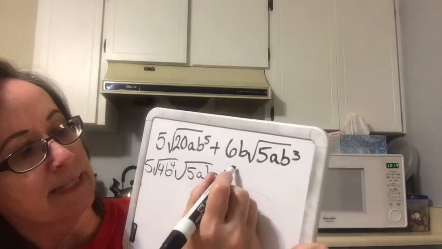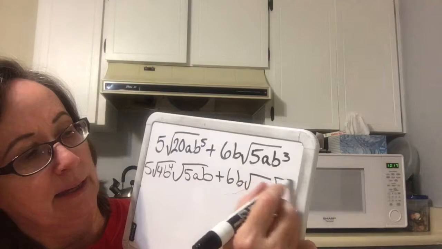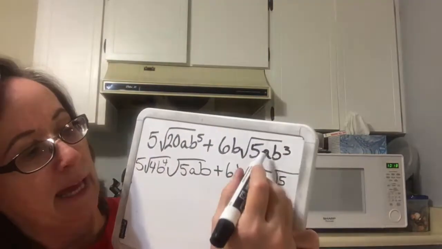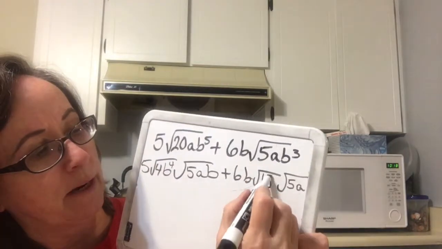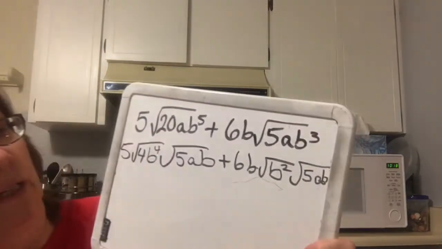And then we come over to the second one and we break it up into the 5 will be a leftover, the A will be a leftover, the B cubed has a B squared, and then another B would be in the leftovers.